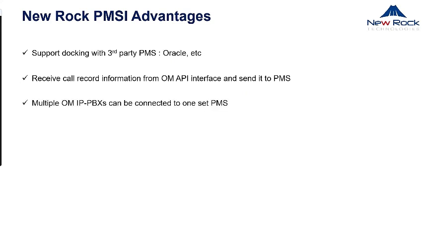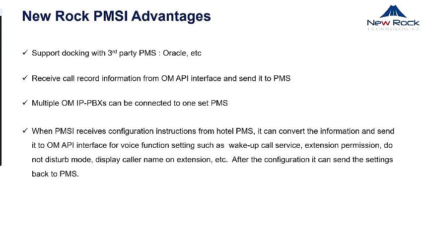The third one is that multiple OM IP-PBXs can be connected to one PMS, so there's no limit for that. Then when PMSI receives configuration instructions from any existing hotel PMS, it can convert the information and send it to the OM API interface.